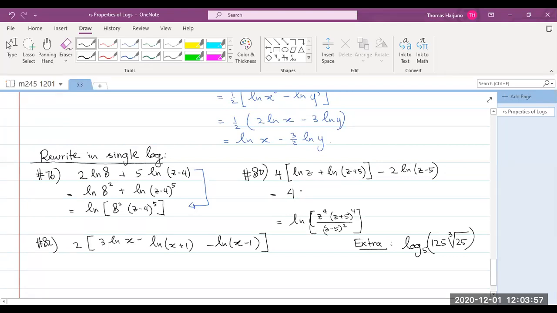Now this is 4 natural log of c times c plus 5 minus 2 natural log of c minus 5. So this is natural log of c plus 5 to the 4th minus natural log of c minus 5 squared.